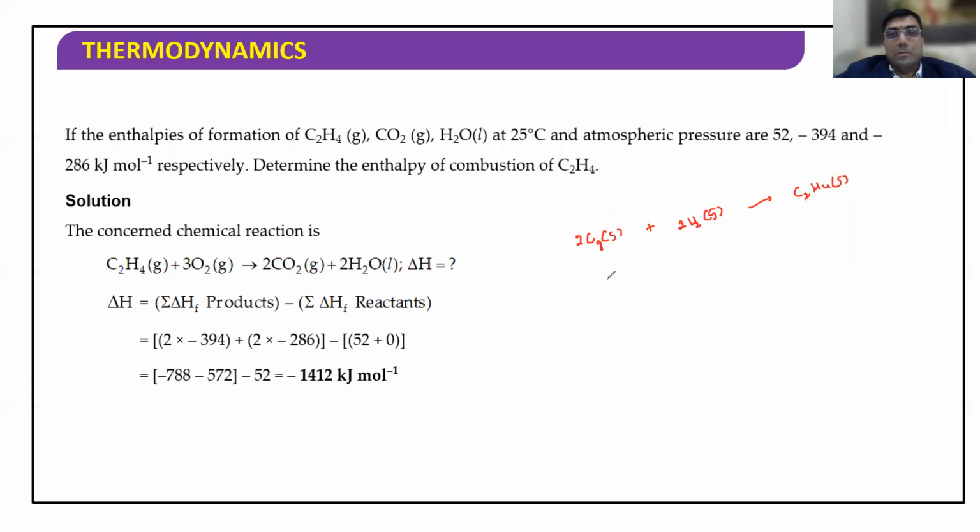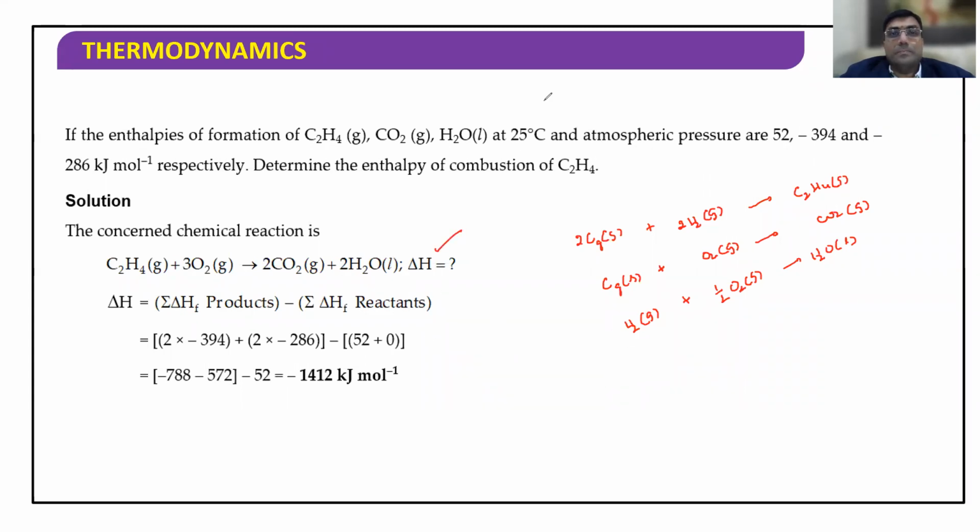Next CO2: carbon graphite solid plus O2 gas gives rise to CO2 gas. Next, water. How to write water? H2 gas plus half O2 gas gives rise to H2O liquid. Hope you are clear. Now, what I require is this formula.